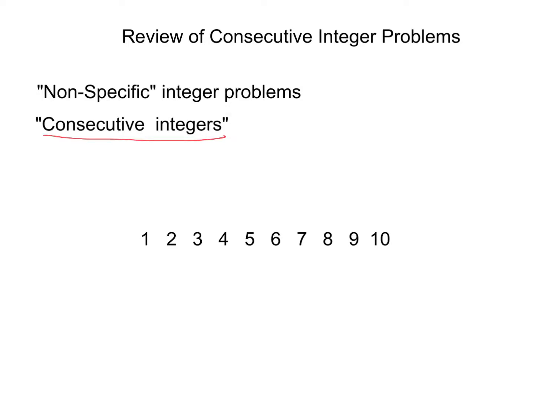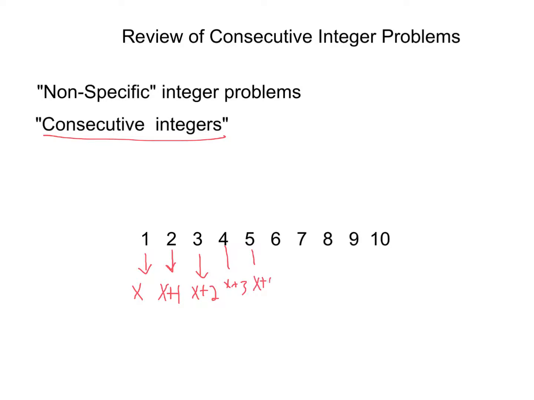So for this type of pattern, let's pick an integer. Let's start with 1, x. Now I want to get to the next consecutive integer, which would be 2, so we would say x plus 1. To get to 3, x plus 2, x plus 3, and so on and so forth.